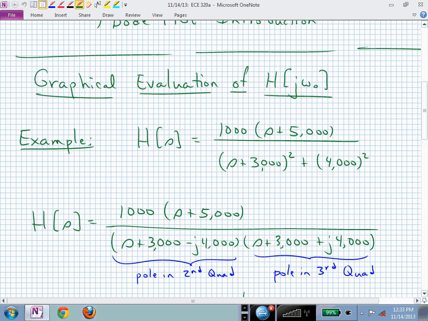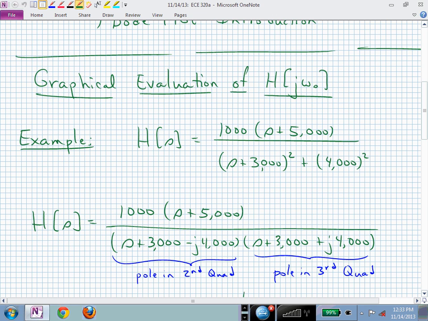And what we want to be able to do is figure out how to determine what that system will do at a specific frequency. If we start shaking a system at a frequency, how is that system going to respond at that particular frequency, let's say omega naught?